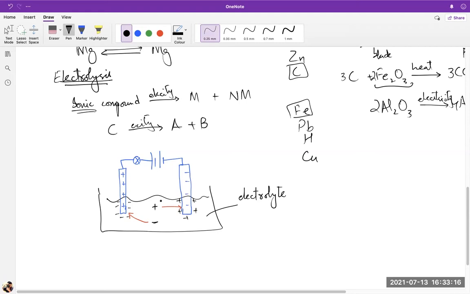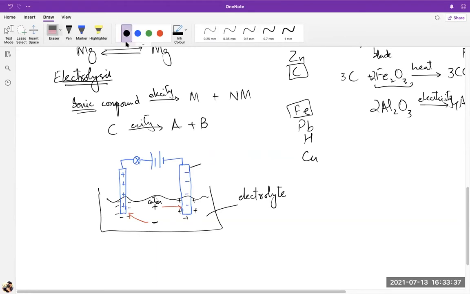Now, the positive ion is a cation. So that cation comes here. So I'm going to call this the cation's electric rod. Now that's quite a mouthful, so I don't like that term.